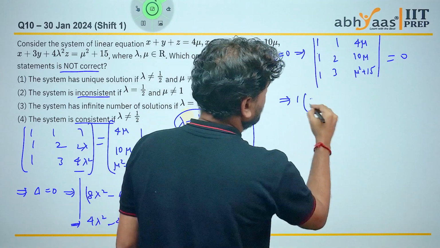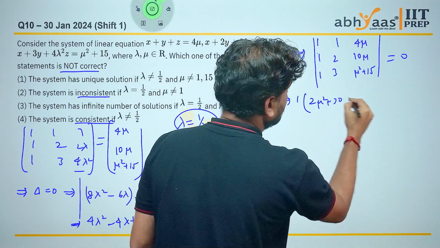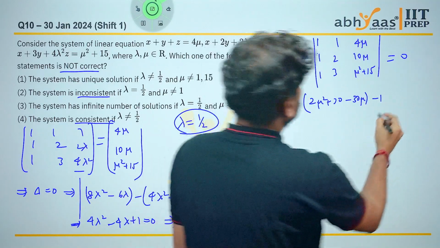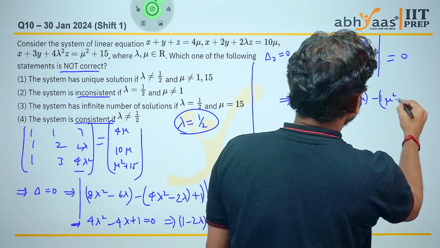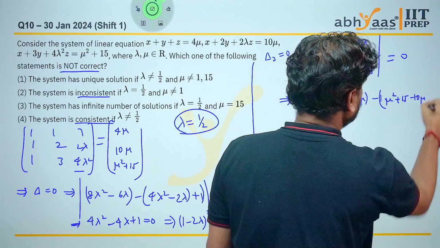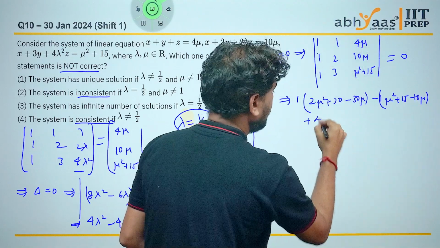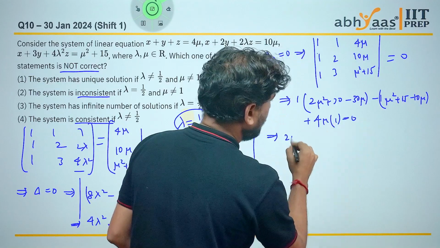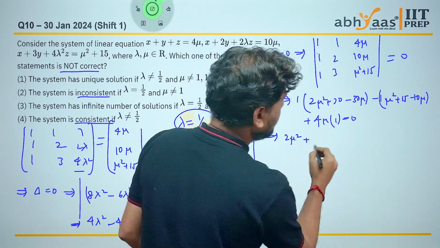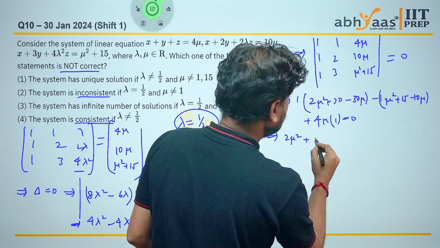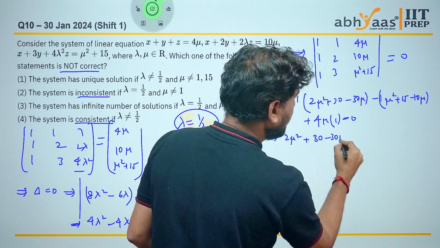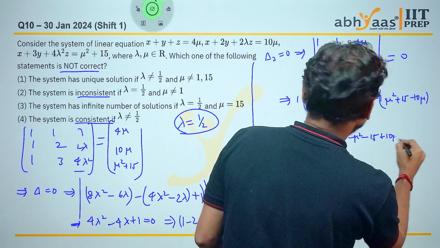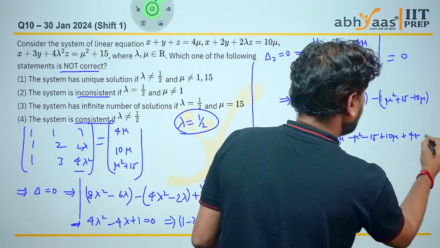So 1 into 2 mu square plus 30 minus 30 mu minus 1 into mu square plus 15 minus 10 mu plus 4 mu into 3 minus 2, 1, equal to 0. 2 mu square plus 30 minus 30 mu minus mu square minus 15 plus 10 mu plus 4 mu equal to 0.